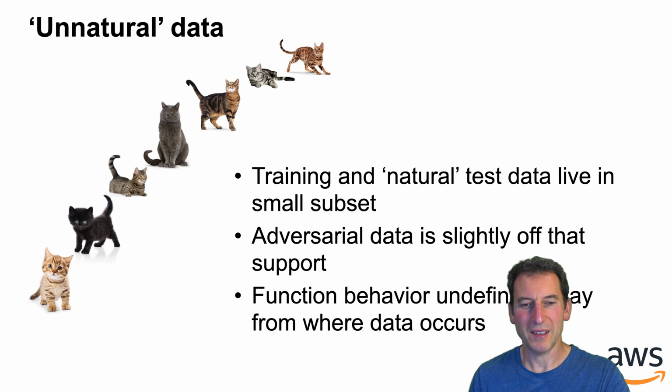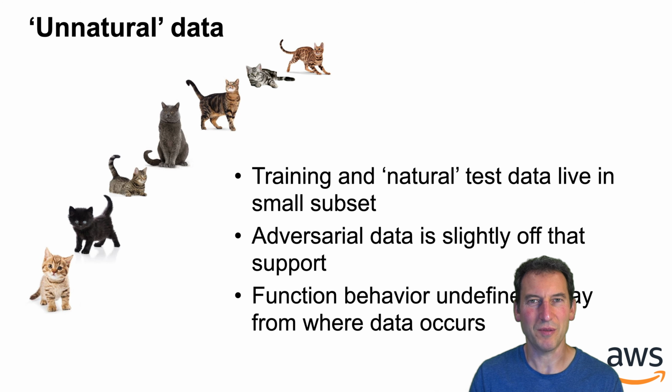Let's say the training and the natural test set live actually in a very small subspace, right? For instance, if I look at images, you're all watching this video right now, and you're watching not just arbitrary pixels flickering, but there's structure. There's, for instance, a head that talks, and the head doesn't move in random places across the image.